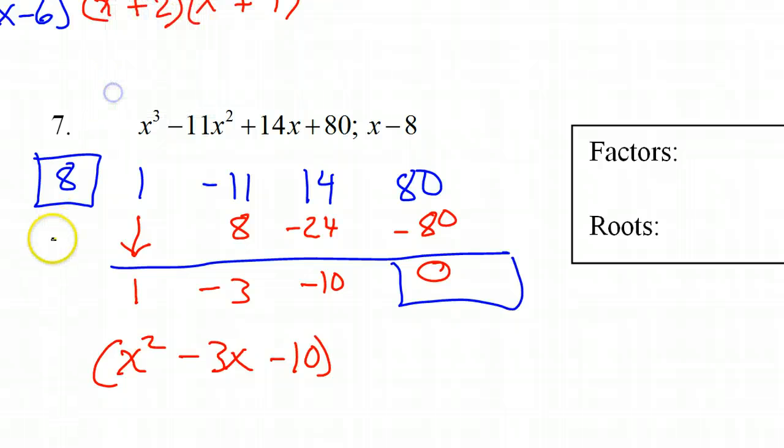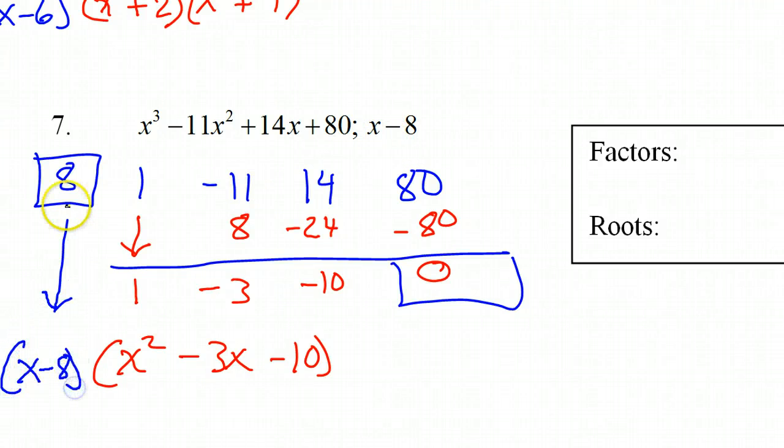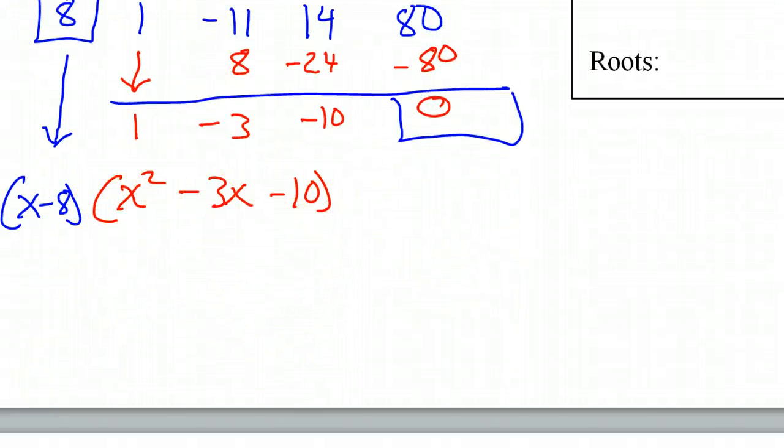We should probably bring back this factor of x minus 8. That goes with that 0. But we will need to factor this to find the other zeros. So this will factor: x squared is x times x. 10 is either 2 times 5 or 1 times 10.